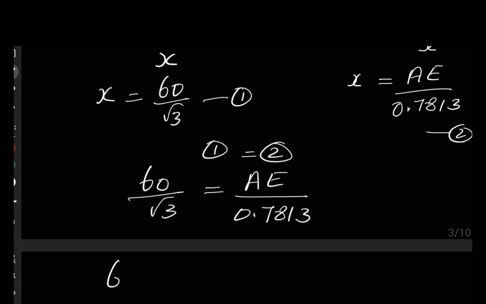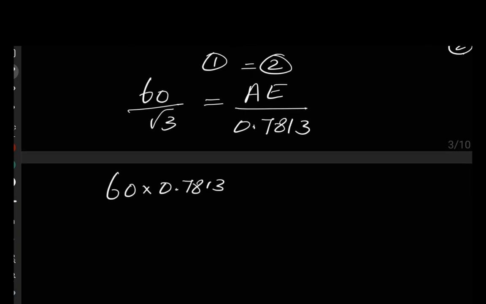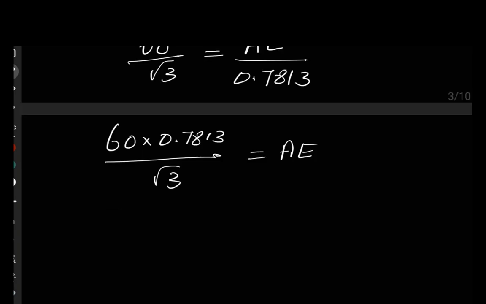So just take this 60 into 0.7813. You take to the denominator, numerator by √3. This is your AE. So that's all. You have to find the value of AE.